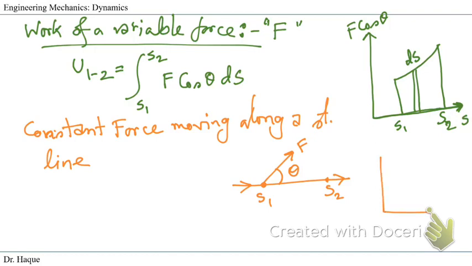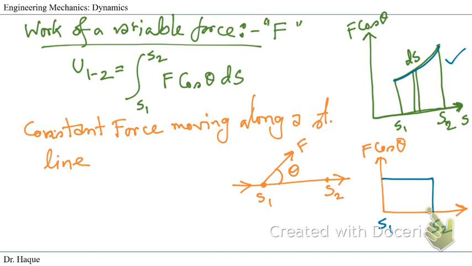So if F is constant, F cos theta is a straight line. In the previous picture you see F cos theta changing along a curved line, but here F cos theta is a straight line from S1 to S2.